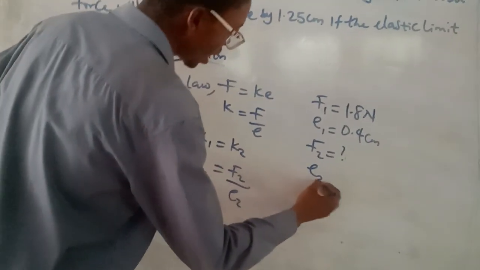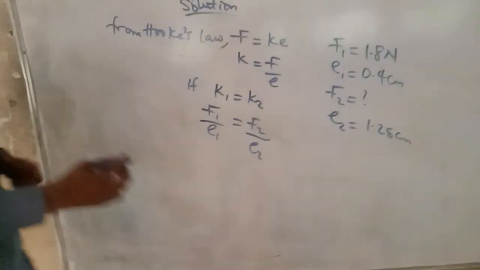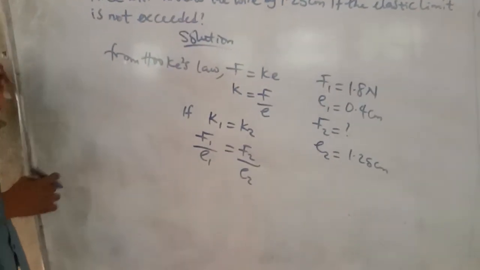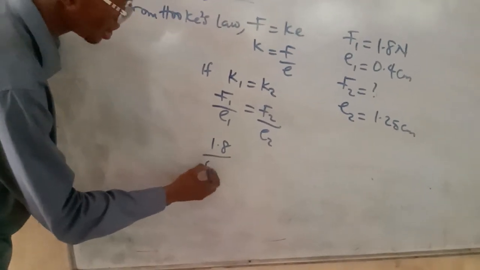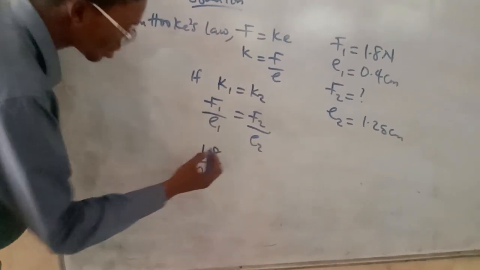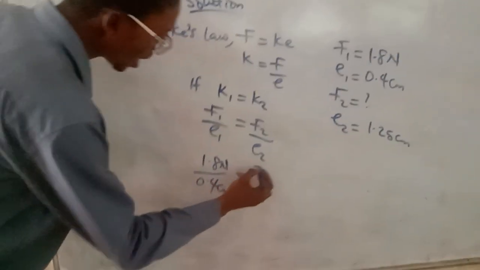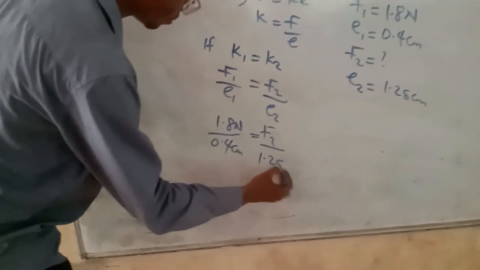And our second extension is 1.25 centimeter. Now let's include these parameters inside this formula. That is 1.8 over 0.4, Newton per centimeter, equals F2 over our E2, which is 1.25.